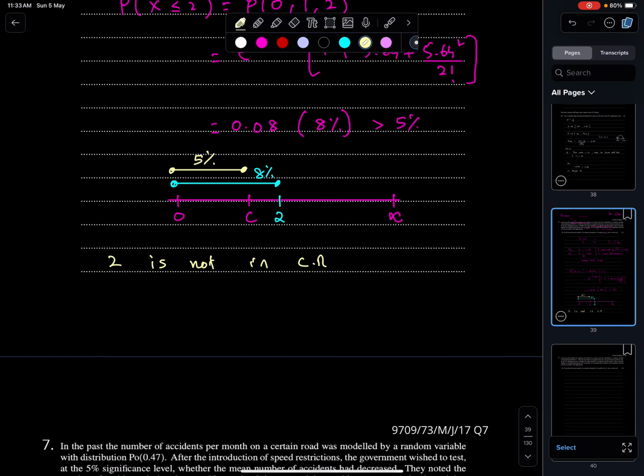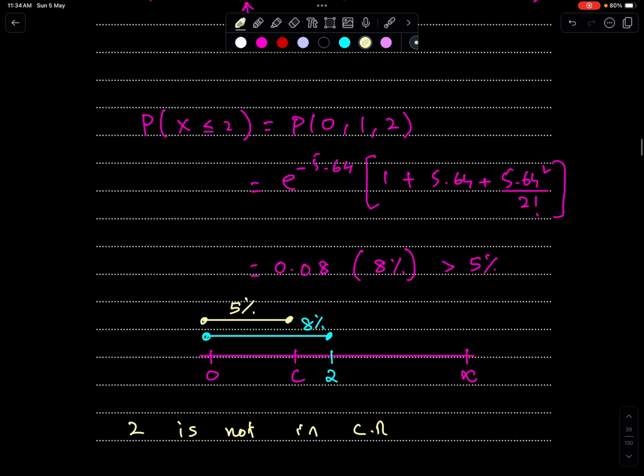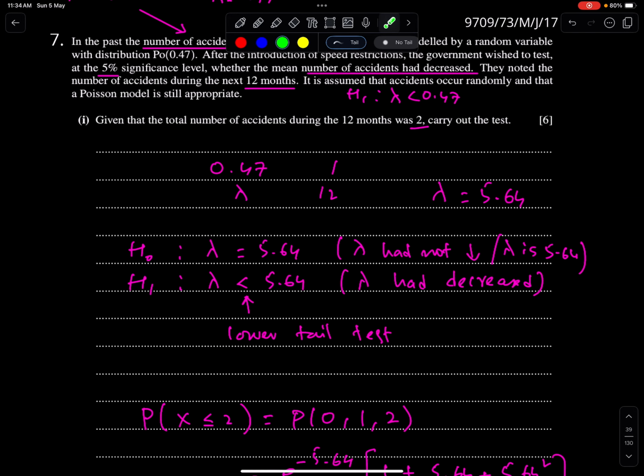therefore accept H naught. Accept that lambda is 5.64, and reject this thing, lambda had decreased.